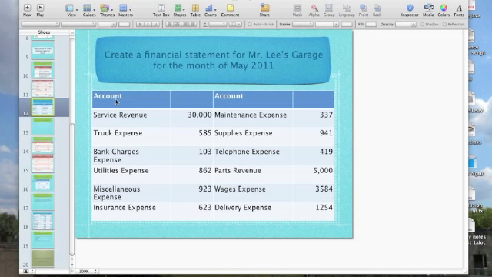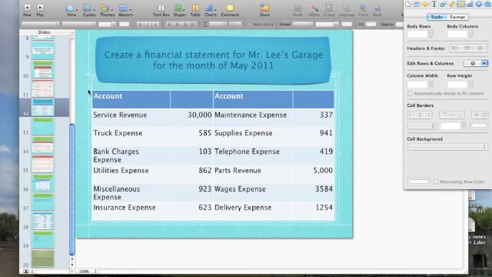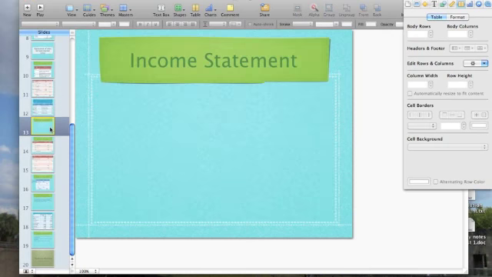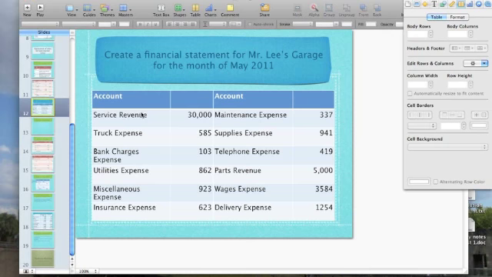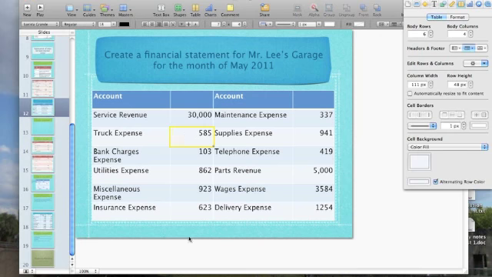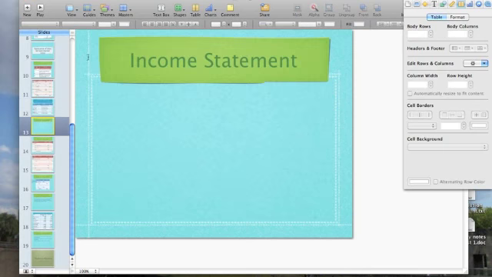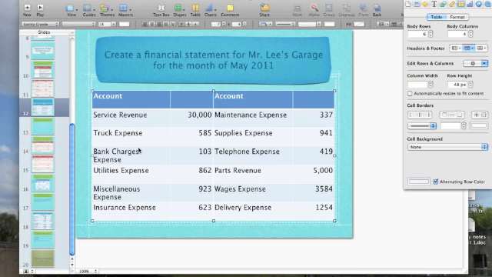So now we want to make a financial statement of this information that has been provided. The type of financial statement I've chosen is an income statement because you have the revenue and the many expenses that Mr. Lee's garage used. So we count 1, 2, 3, 4, 5, 6, 10, 12.